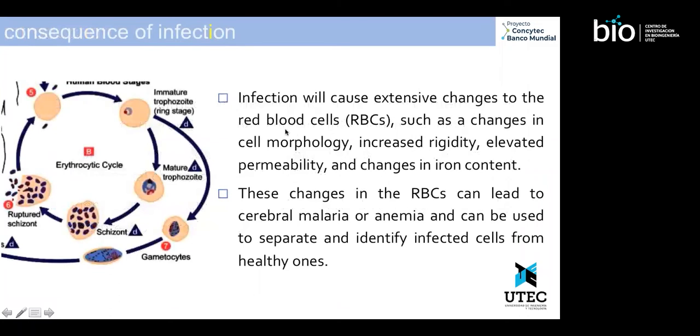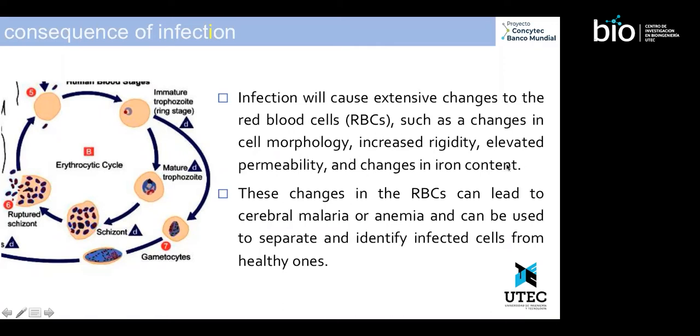As I said, the changes in the properties of the red blood cells are usually in the cell morphology, so the shape of the cell. They have increased rigidity, they become stiffer. They have elevated permeability and changes in iron content. The change in the iron content is, of course, one of the reasons why you get the problems with malaria, because the iron content is getting lower, so the red blood cell takes up less oxygen.